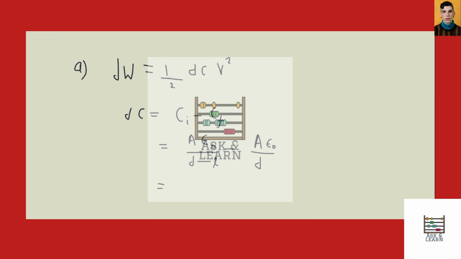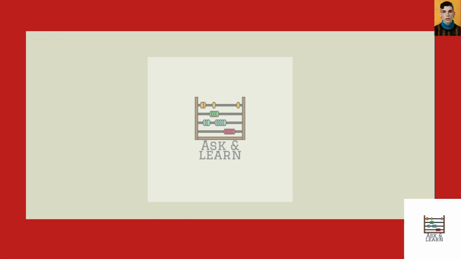Now this gives you A epsilon naught L divided by D times D minus L. Oh, I'm sorry, this should be D. Now just substitute that to find the work done.